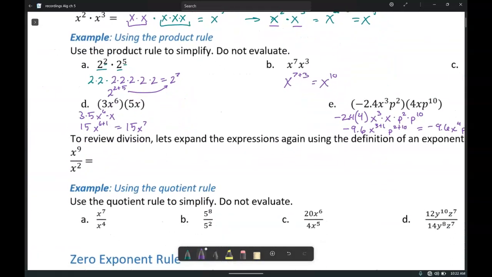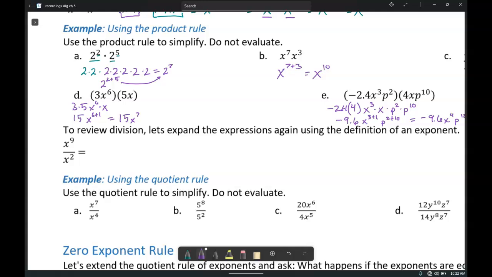Now we can apply similar logic to our power rule. Let's think about division. Let's expand this out again. So we have x 9 times, x to the 9th power, divided by x to the 2nd power. Well, when we have common factors in our numerator and denominator, we can eliminate those factors.